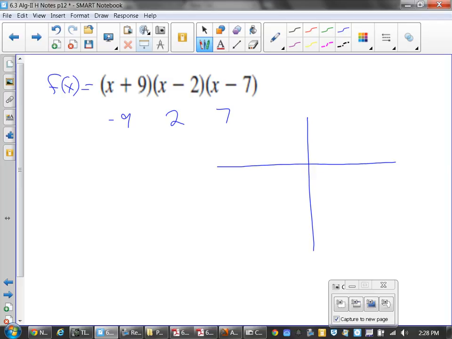What direction is it going? That way, yeah. I know it's got to do that. Now I put my zeros in: -9, 2, 7. Increasing, changing, going back up.